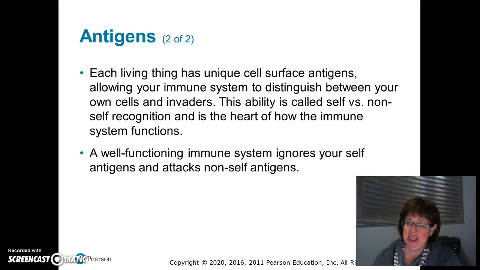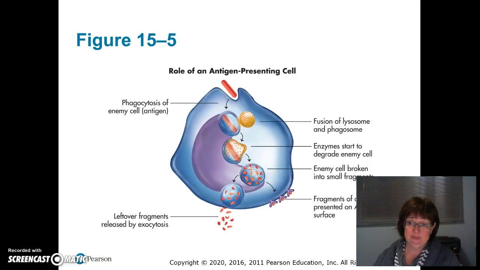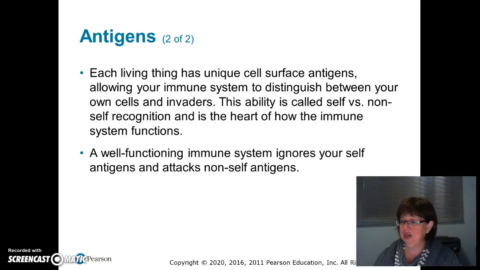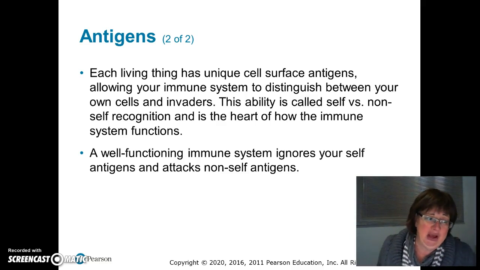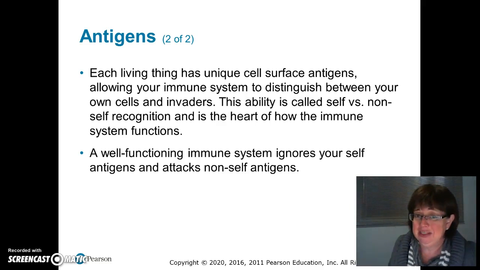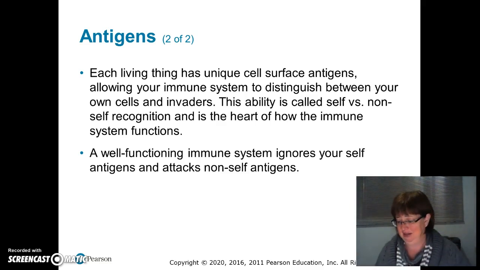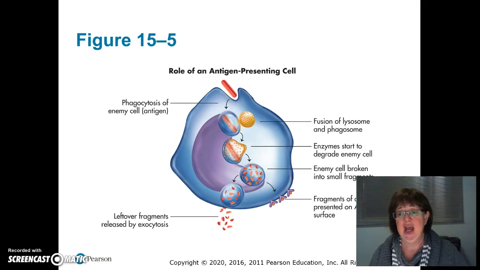Every cell in your body has a marker to prove that it is part of you, or self. In a well-functioning body, your immune system will ignore yourself and only attack non-self antigens. If you do have an autoimmune disease, your body will start to attack yourself.